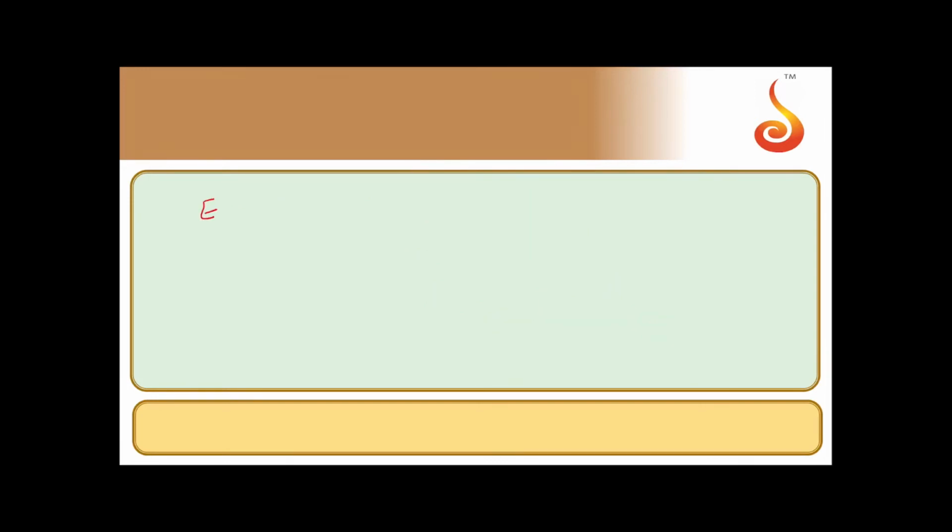So E is equal to E0 here, not cell, E0 plus 0.0591 by 2. Let us change the sign here. We can write log of hydrogen ion squared. The square and the 2 you can cancel off.